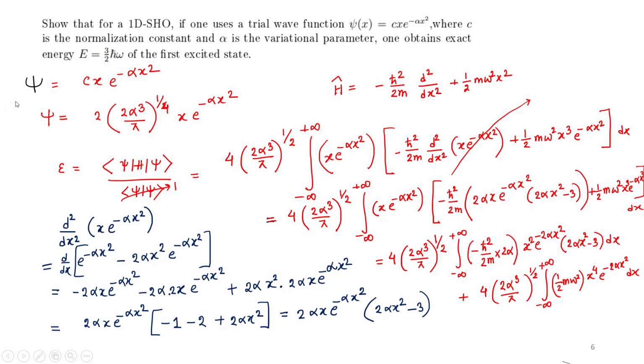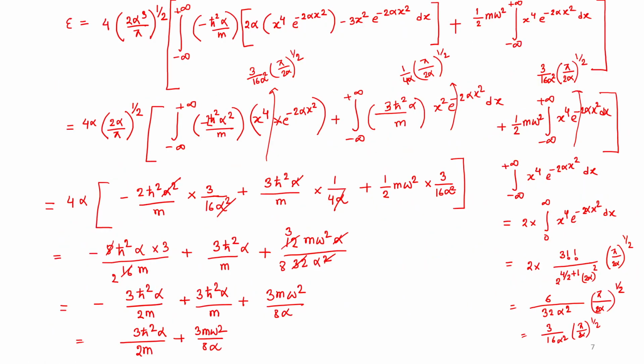I need to prove this energy, but at the end my answer was coming out wrong. So I went back, checked where I had made the mistakes, and did the integration again, a very lengthy integration. So you need to be very patient about it.